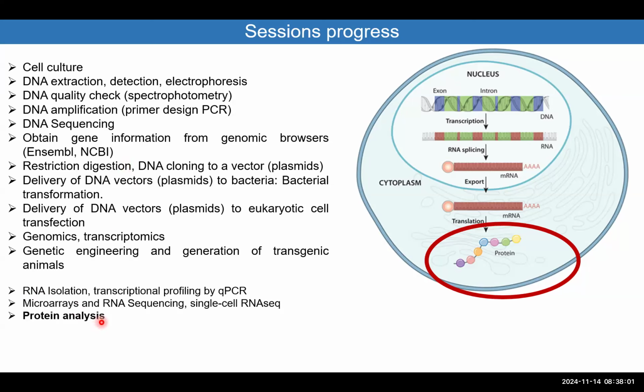The same applies to the RNA analysis. If you get to any lab and you are exposed to or perform an experiment, you will be able to isolate the RNA, probably perform some qPCRs, maybe microarrays at maximum. RNA sequencing and single cell analysis, you will need to do during your PhD.